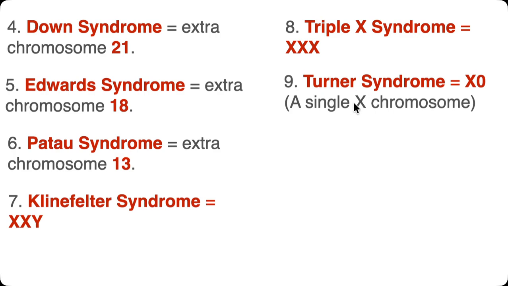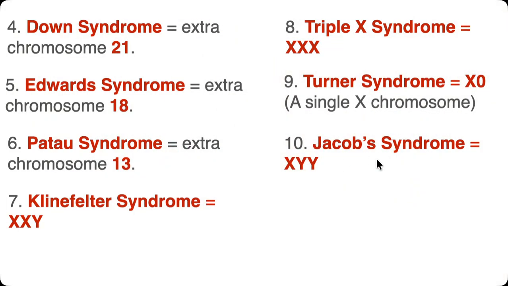It's a single X chromosome. Instead of just saying X by itself, they put a 0, just so you know it's missing something. And the last one we're going to talk about is Jacobs syndrome. That's XYY. Every single one of these disorders has its own set of symptoms, and its own likelihood of having a child born with it.